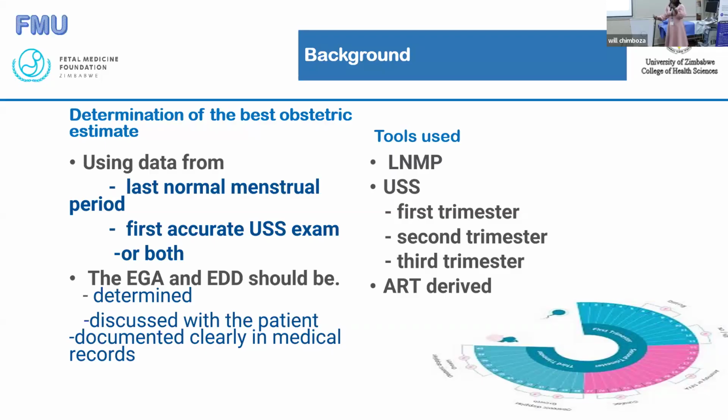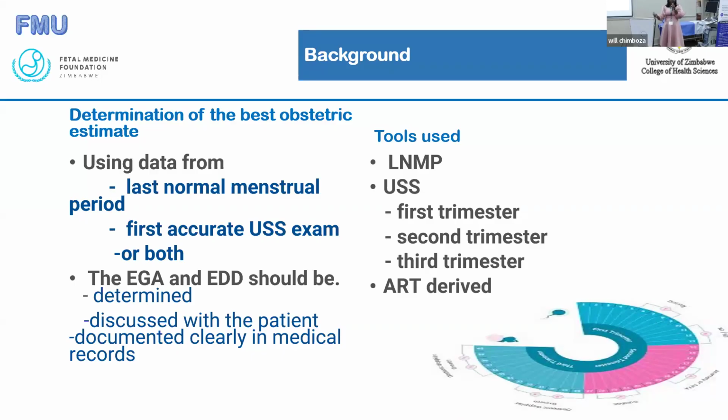What is important in accurate pregnancy dating is to come up with what is referred to as the best obstetric estimate. We get the best obstetric estimate from information from the last normal menstrual period, the first accurate ultrasound scan, or both. What am I saying? We have to ask the woman about her last normal menstrual period, and then we validate those dates using the first accurate ultrasound scan.